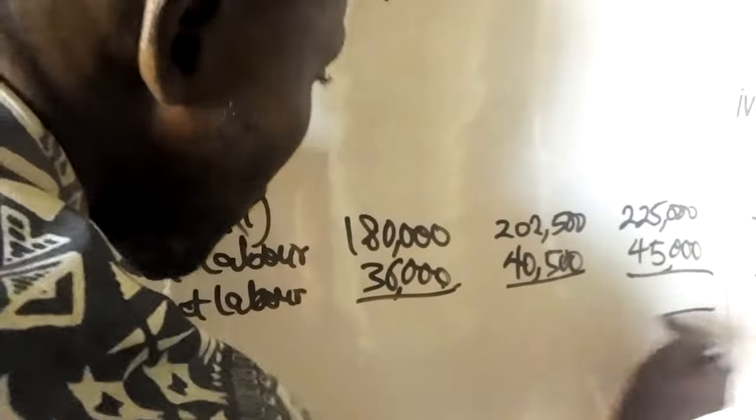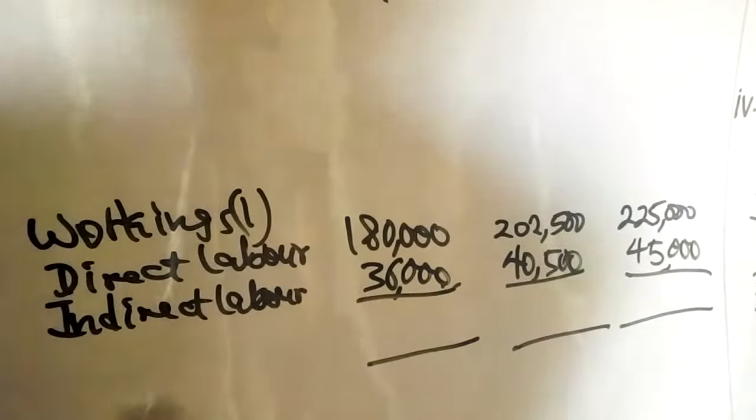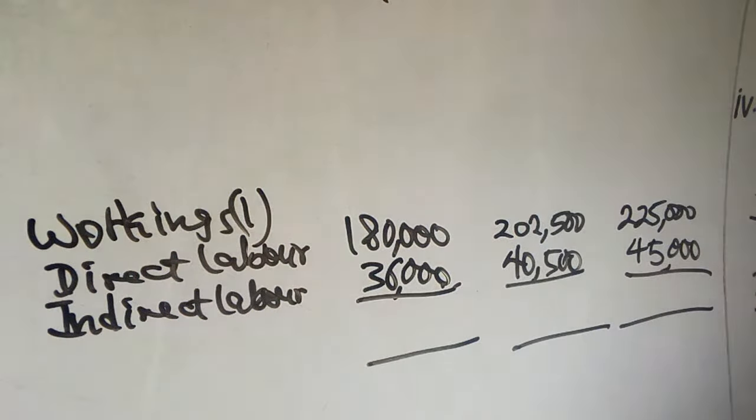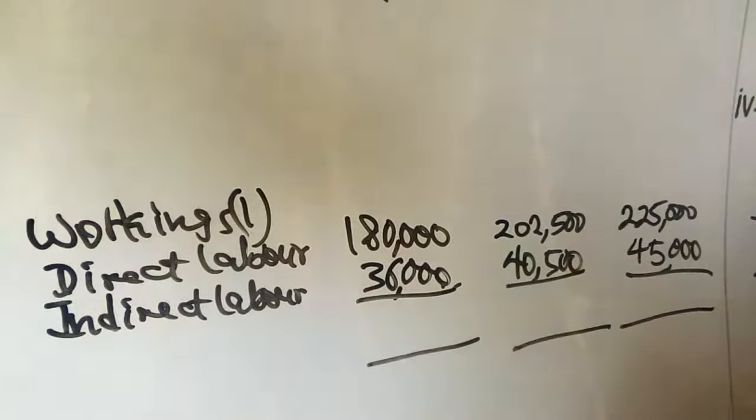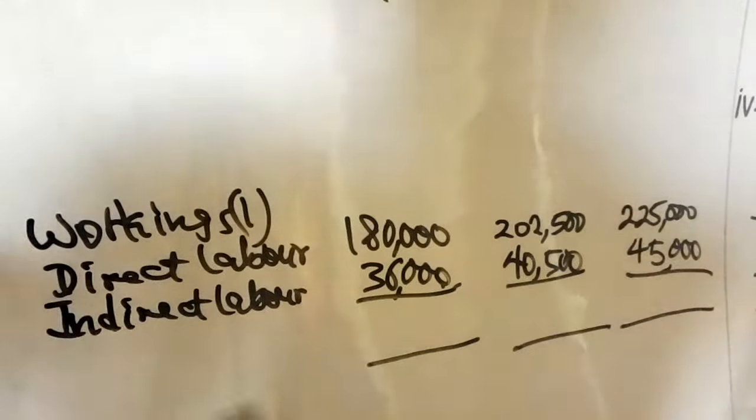Then you sum it up. You have 180,000 plus 36,000. Then we have 216,000.